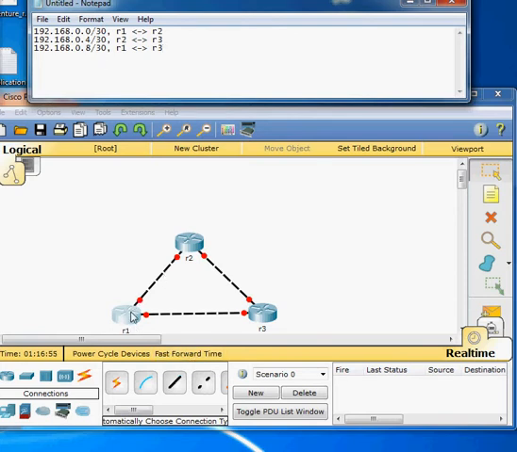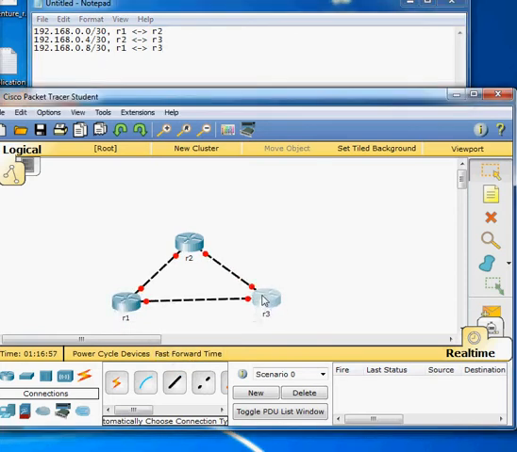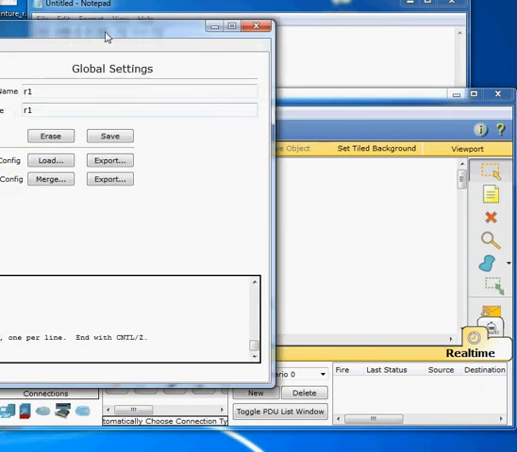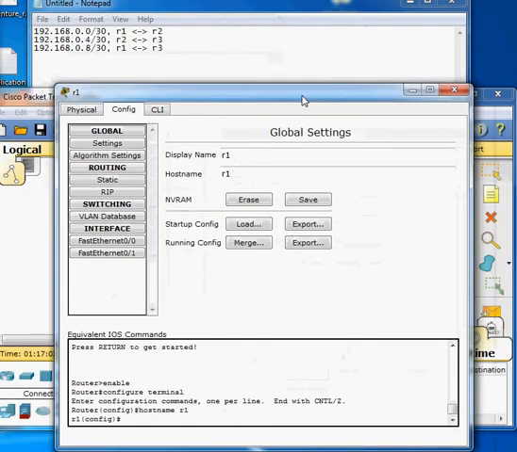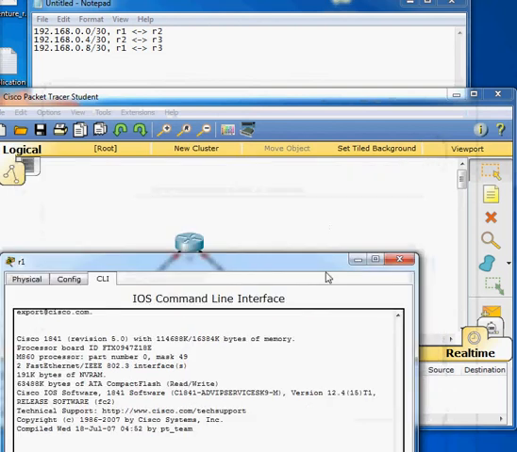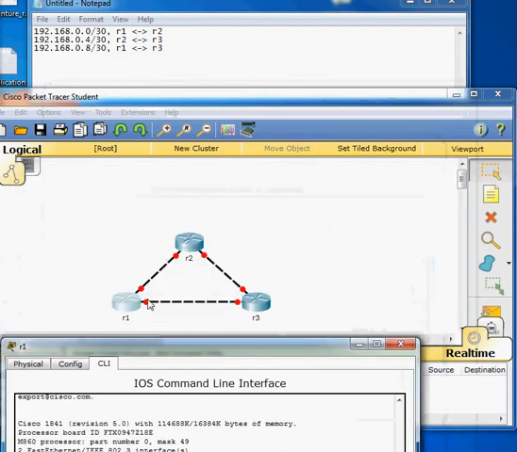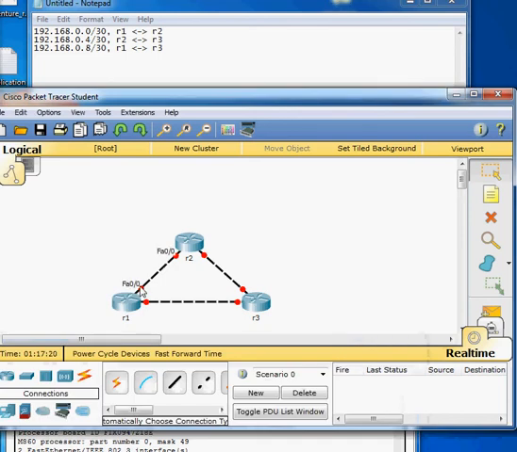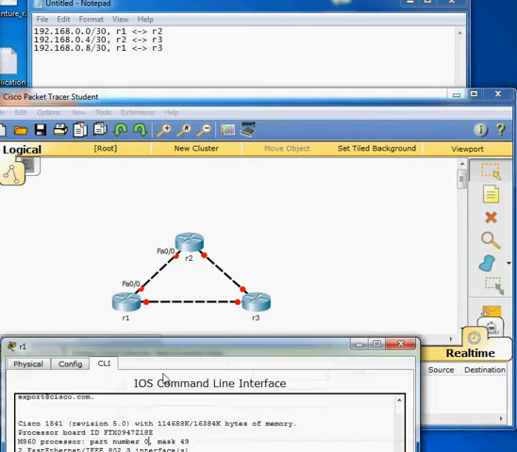So let's go through and configure the interfaces. I'm doing Router 1. So the connection will start with Router 1 to Router 2. So this is F0/0 to F0/0.